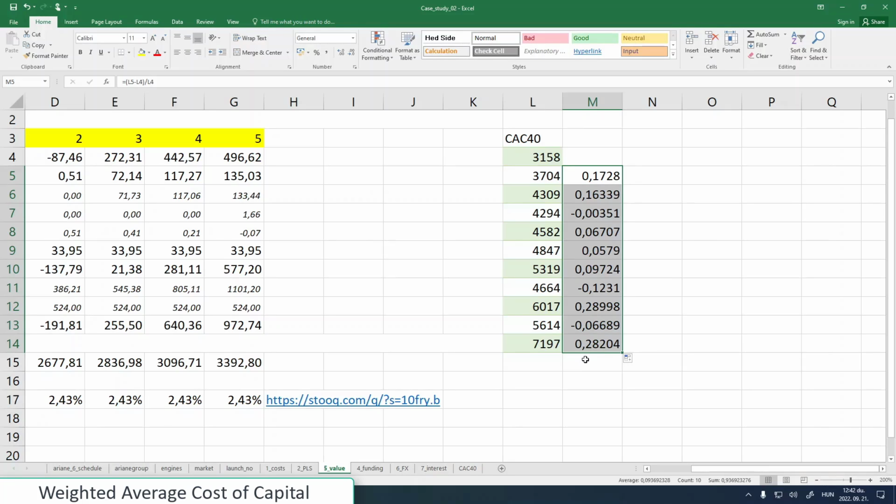Just we can see that this rate of return alone, it's quite useless. So one year we have -6%, another year we have nearly 30% for market return. So somehow we need an average.